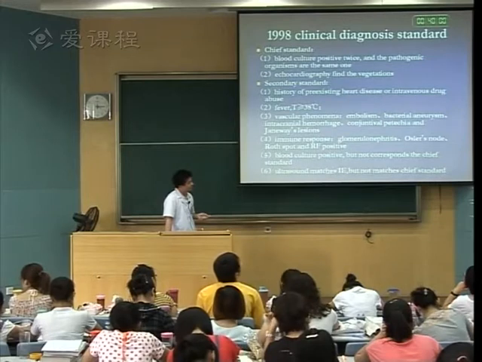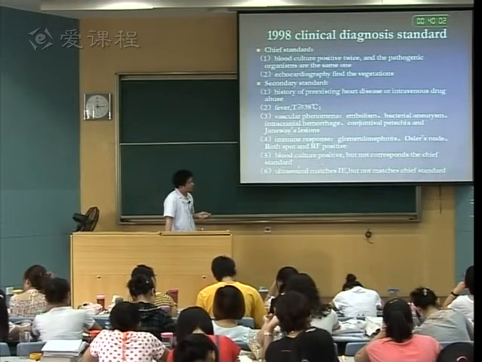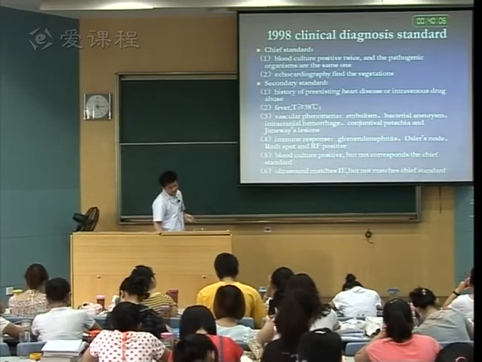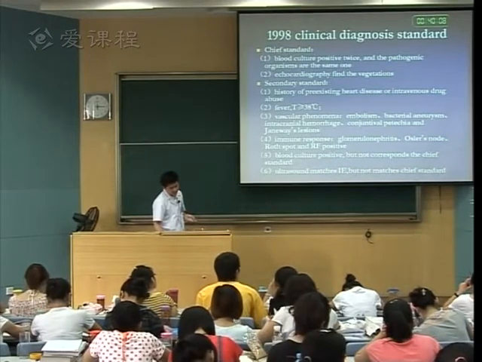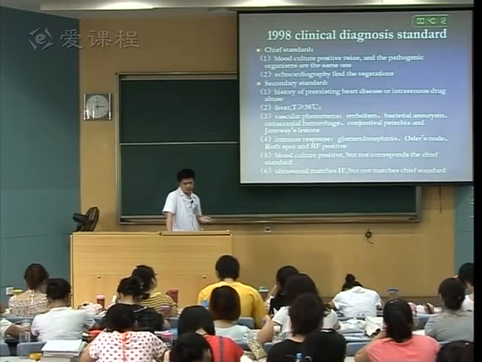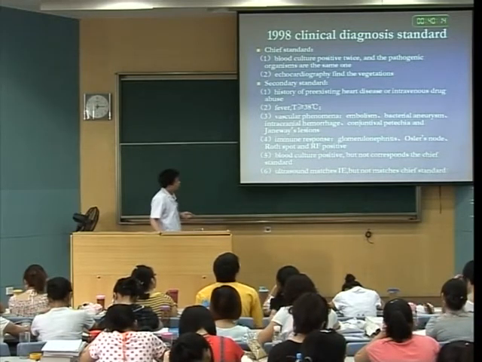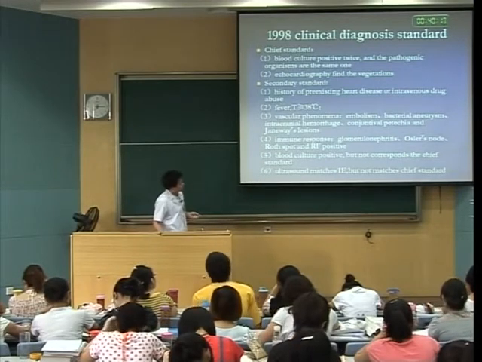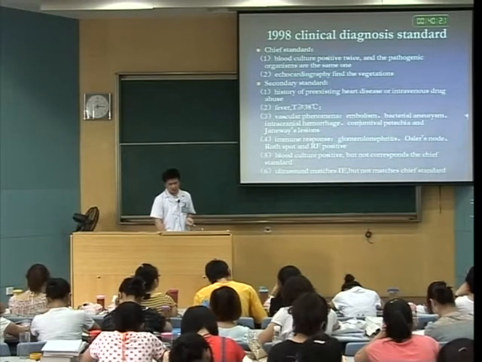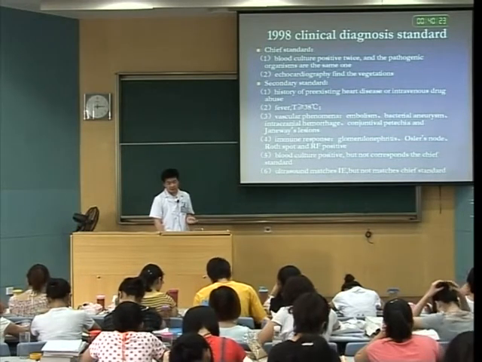Sometimes it's a very rare microorganism, and sometimes the microorganism does not correspond to the chief standard. And the last one is ultrasound that matches infective endocarditis but does not match the chief standard.